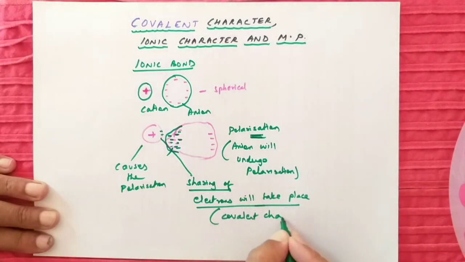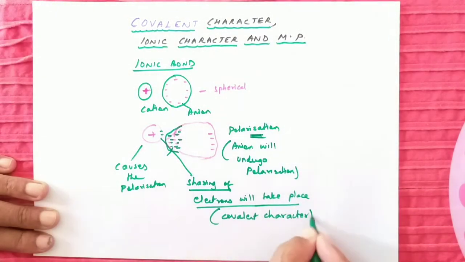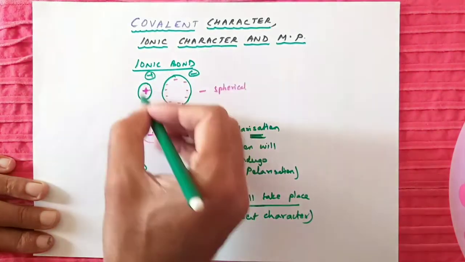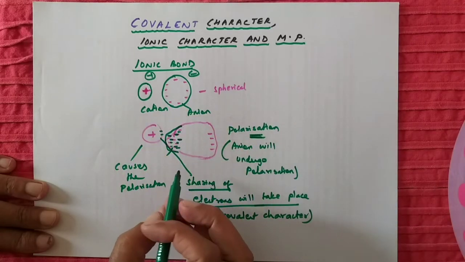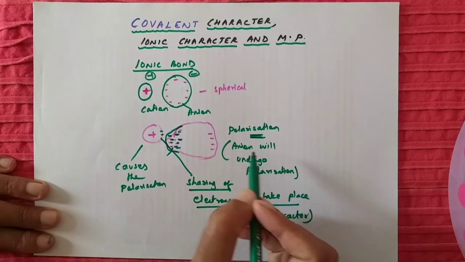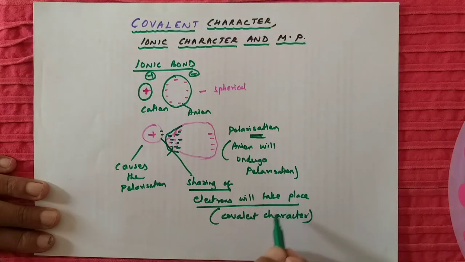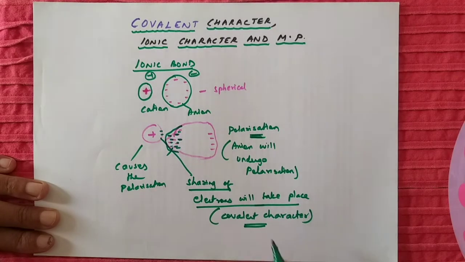So this will be the covalent character. The bond is an ionic bond because it has a cation and an anion, but even in an ionic bond, polarization will take place. Once the polarization takes place, sharing of electrons will take place, and finally the covalent character will be present.